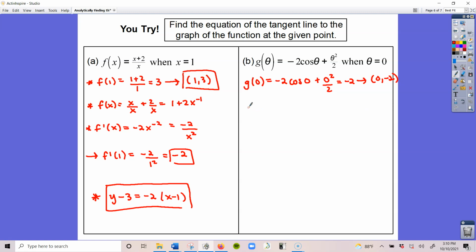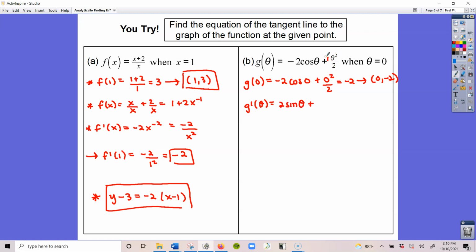Now let's take the derivative. G prime of theta. The derivative of cosine is negative sine. So negative 2 times negative sine will make it a positive 2 sine theta. Plus, now remember, we take the 2 and we bring it to the front, so we will multiply with the coefficient, and my coefficient here is 1/2.